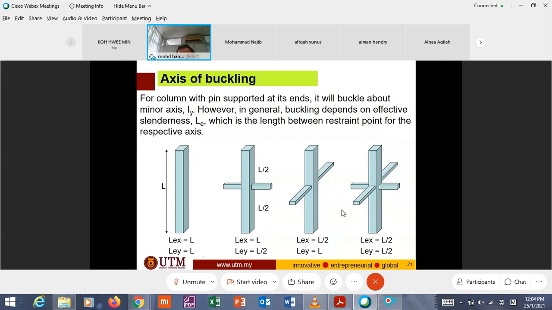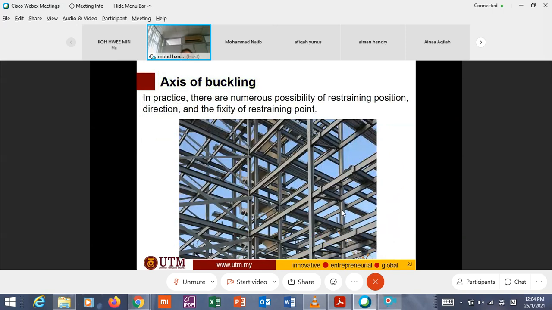So we will have an example of how to address these different types of restraining conditions. You see here, this is one typical example of actual construction. This is a steel structure. Here, it is restrained in this direction, but not restrained in this direction.